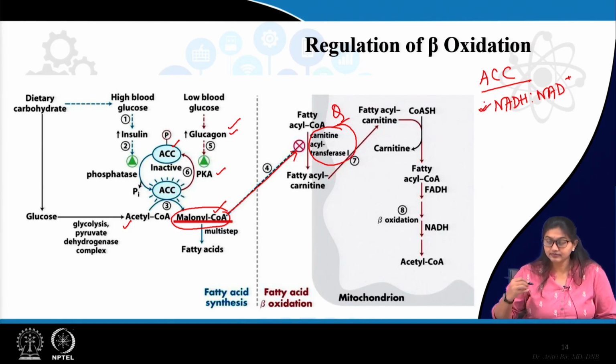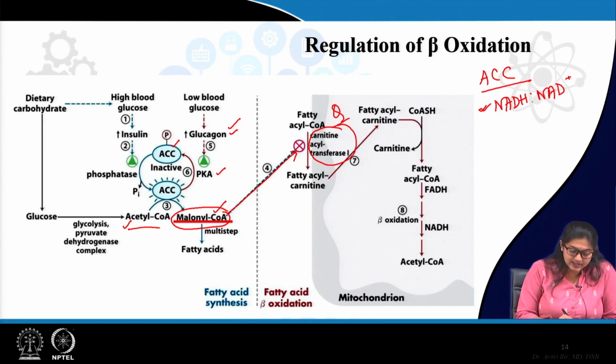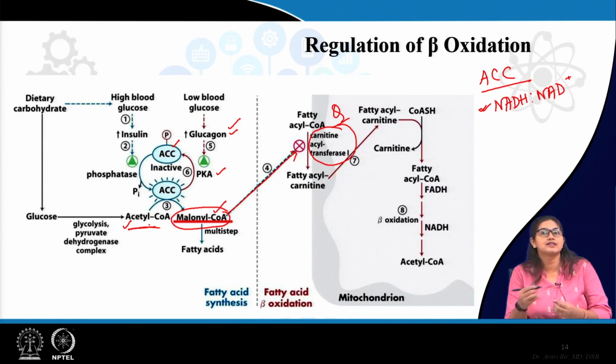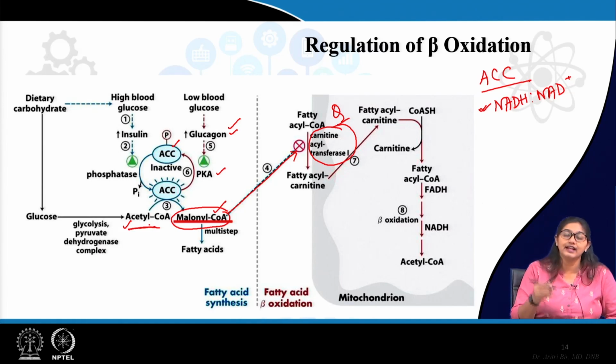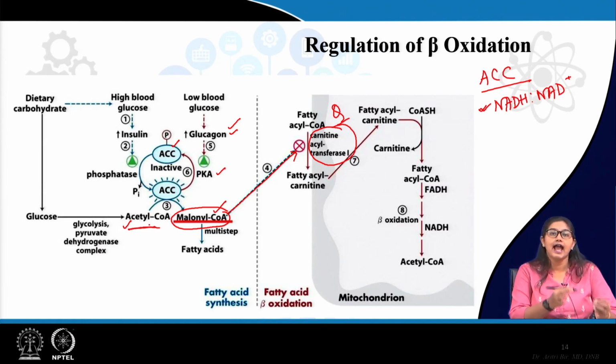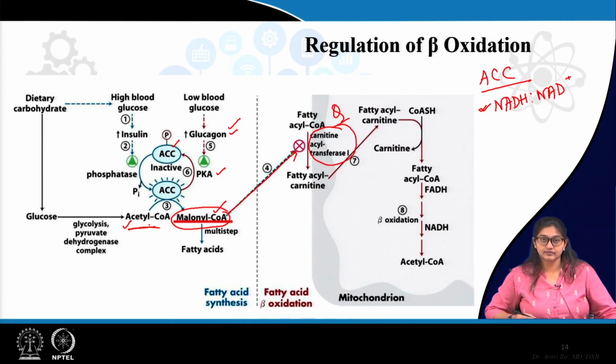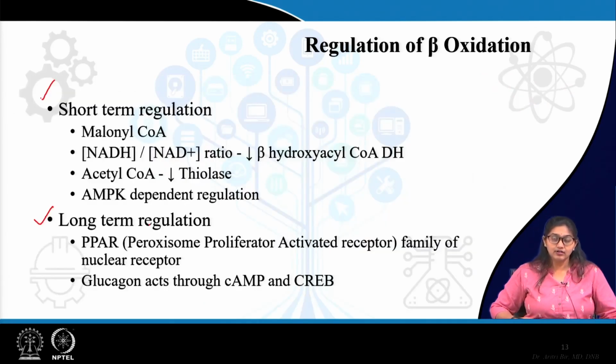Similarly, adequate amount of acetyl coenzyme A, coming from circulatory glucose through TCA cycle, is also a signal that there is adequate energy. They impart the inhibitory signals via inhibition of two important enzymes.